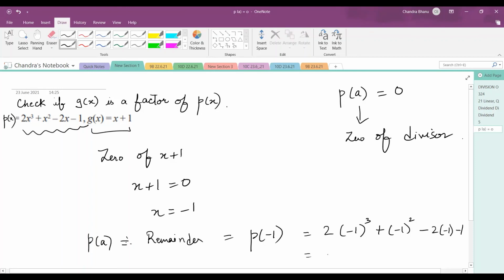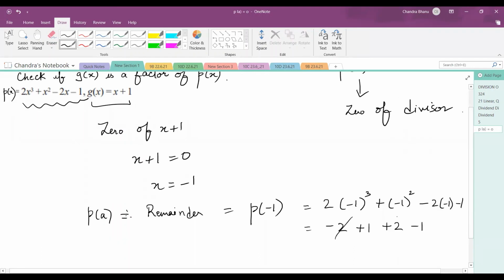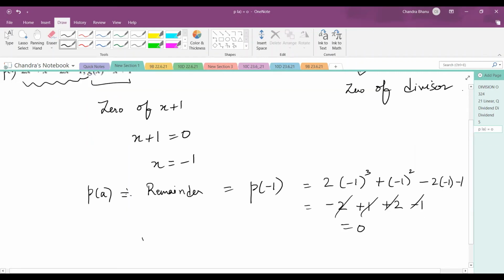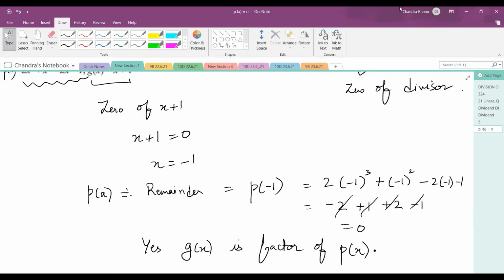So it is minus 2 plus 1 plus 2 minus 1. So it's giving me the answer 0. So yes, g(x) is a factor of p(x) because my remainder is 0. So mainly we have to see that the remainder should be 0.